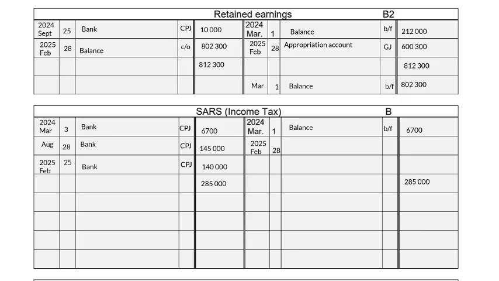We will write income tax. Goes to the general journal. And the amount is 282,000.